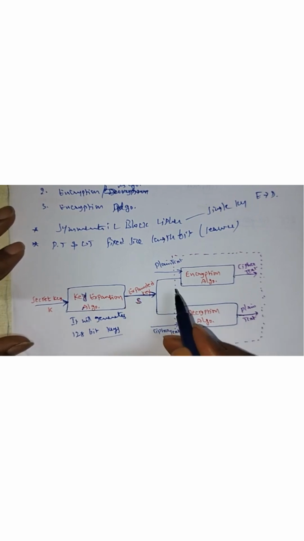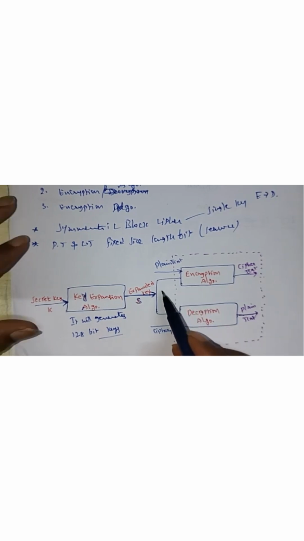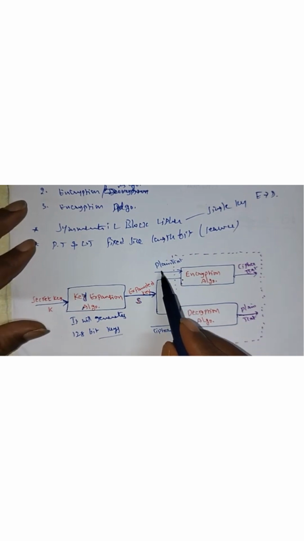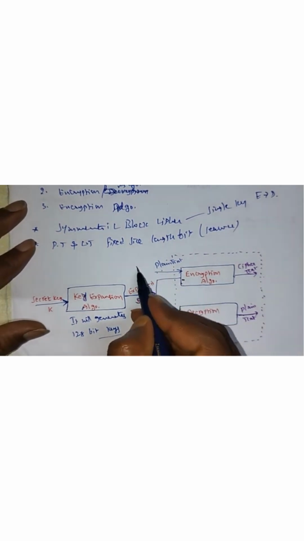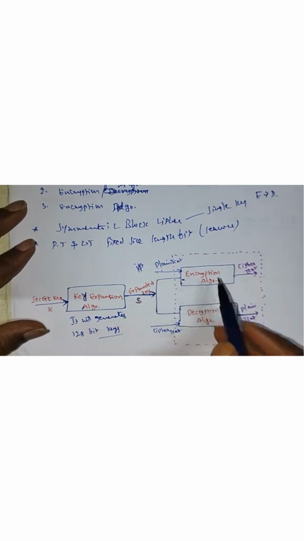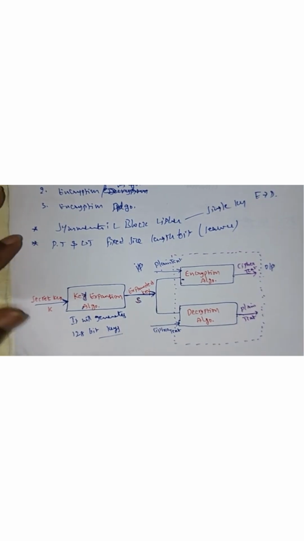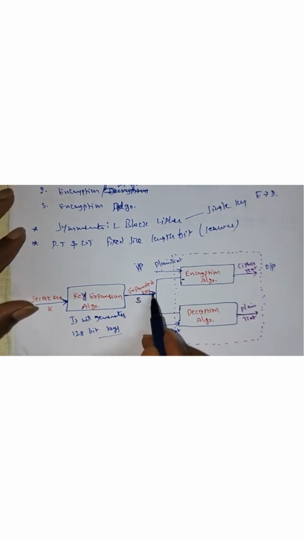If you are performing encryption, it will consider plain text as the input, and after performing the encryption algorithm we will get the cipher text as output. Likewise, if you are performing decryption, the expanded key S goes to the decryption algorithm.